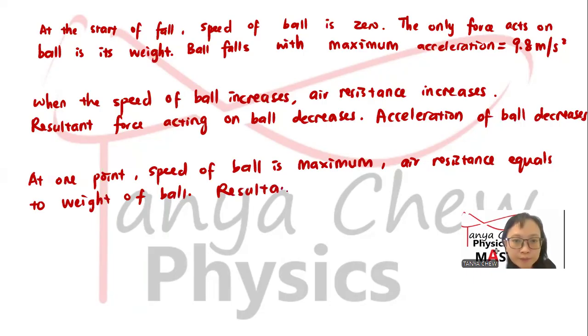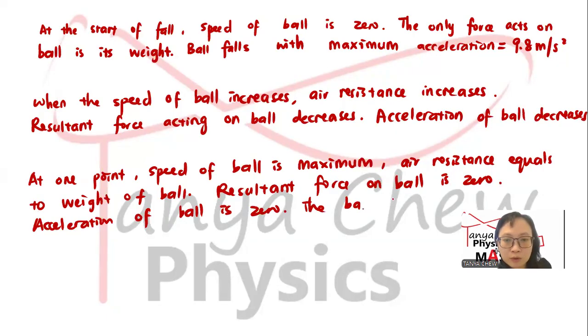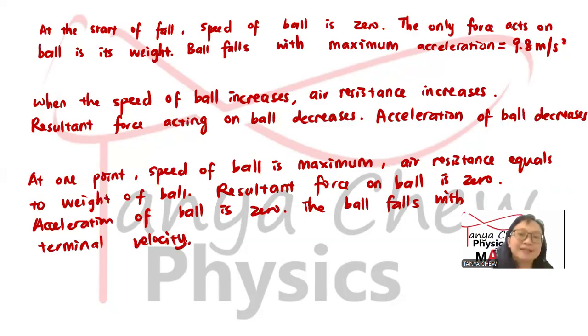Resultant force on ball is 0. Therefore, acceleration of ball is 0. The ball falls with terminal velocity. That is how the terminal velocity is reached.